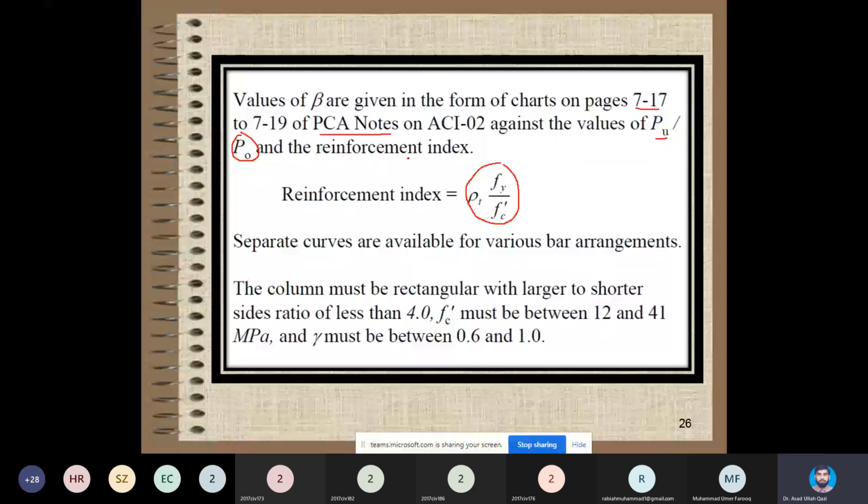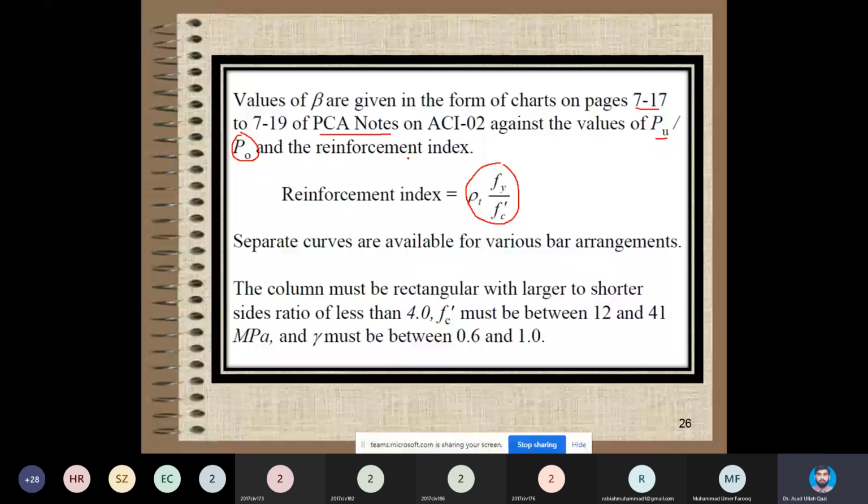After getting beta, use this equation, and it is quite possible you get alpha 1.1, as it is suggested that for square and rectangular columns you may normally fall in this range.